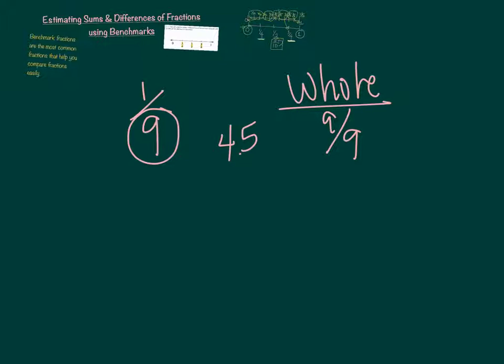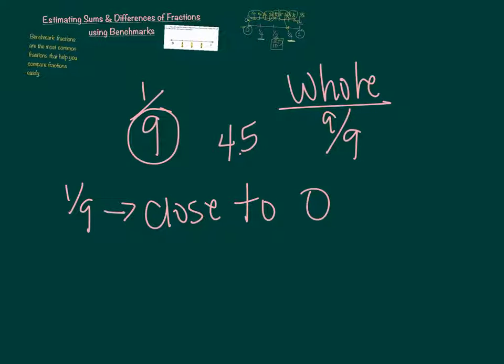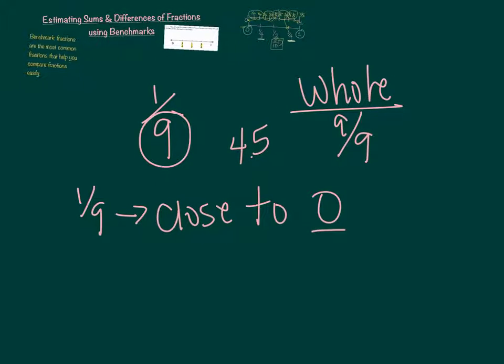Okay, is this anywhere close to the half? No. So 1/9 would be close to the 0. And you'll come to discover that all of the unit fractions are going to be close to 0 because they all have a 1 as the numerator. So 1/5, well, of course, it'll be closer to 0 because it's only one of the 5 pieces.